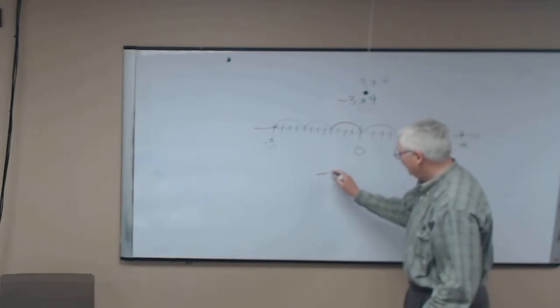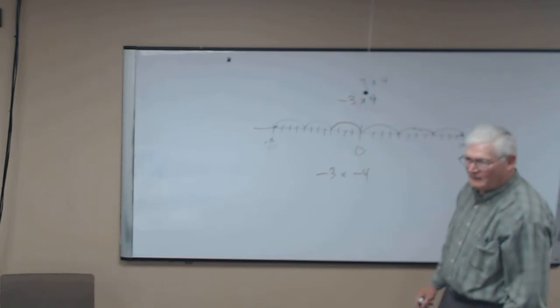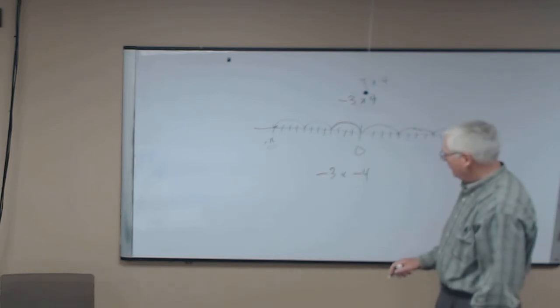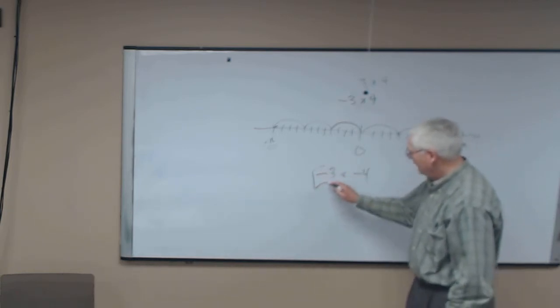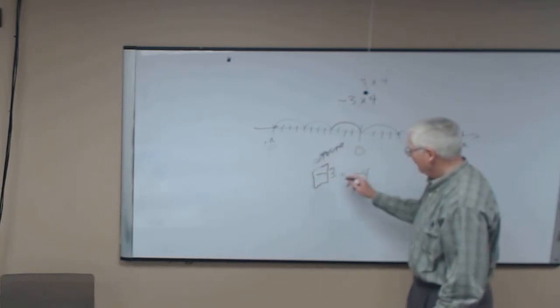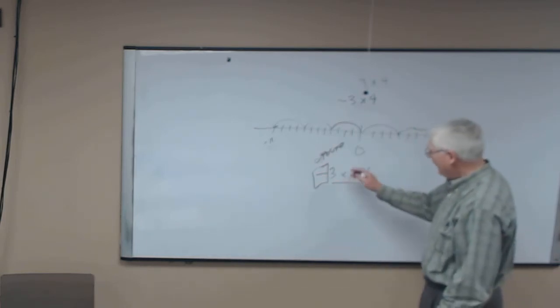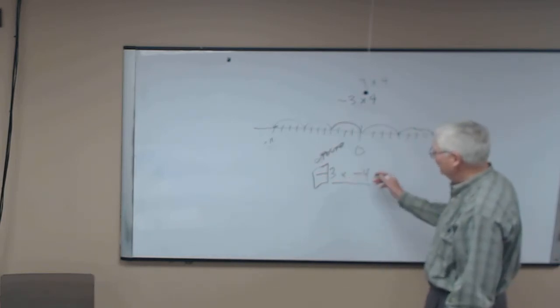So what about negative 3 times negative 4? That would be the opposite of 3 times 4. Or that would be the opposite of 3 times negative 4.